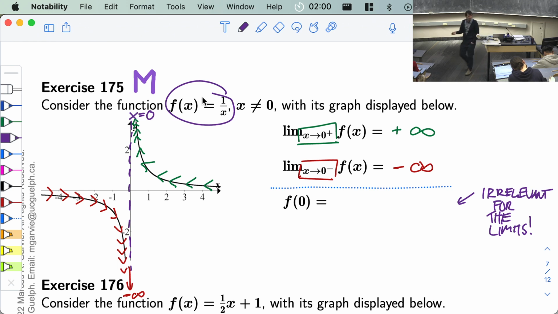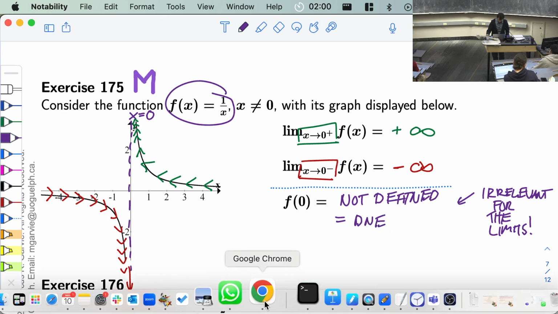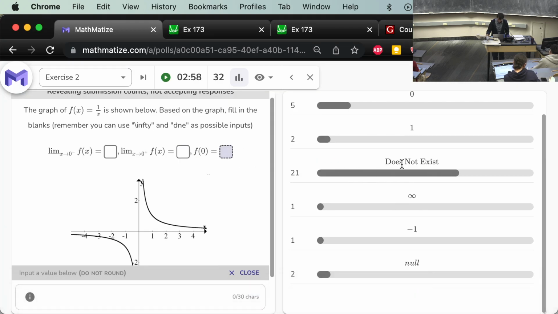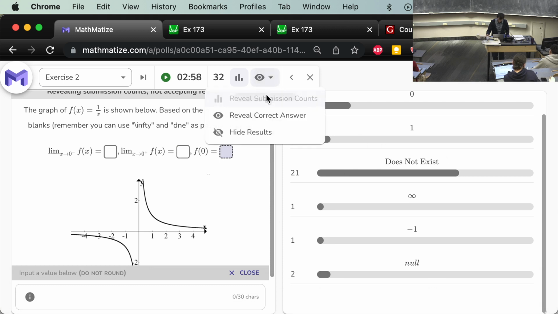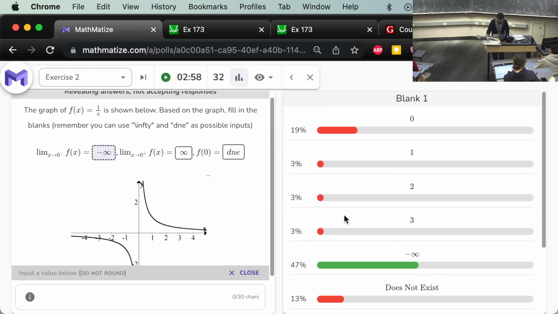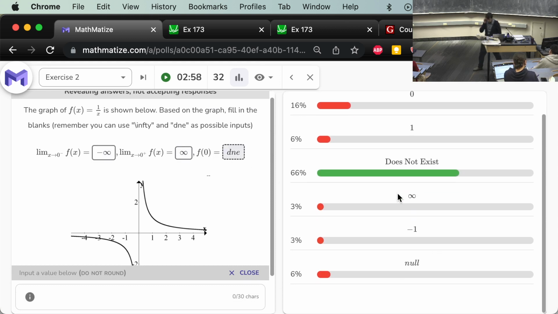What happens to 1 over x when x equals 0? It is not defined. Does not exist would be another way to say it. The value does not exist. The function is not defined. How many people said does not exist? 21 people. That's fantastic. So very well done on that one. Minus infinity, infinity, and does not exist were the correct answers.